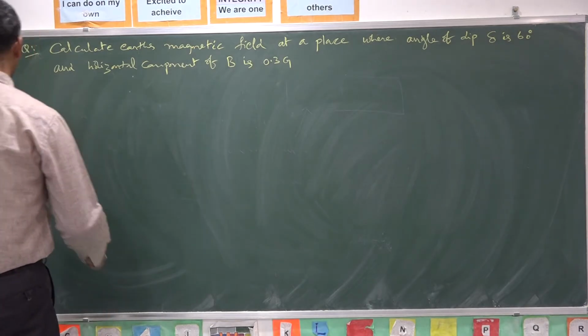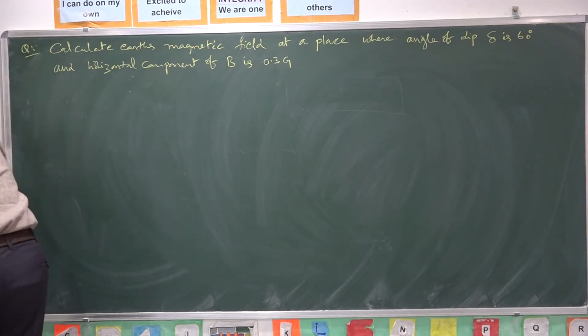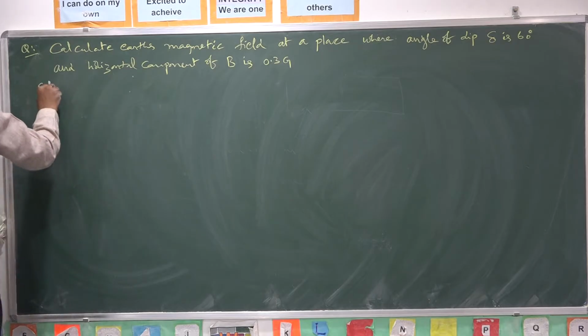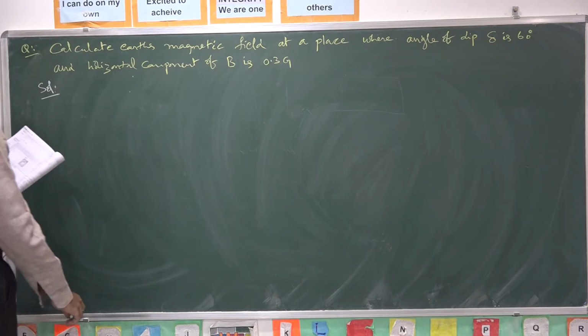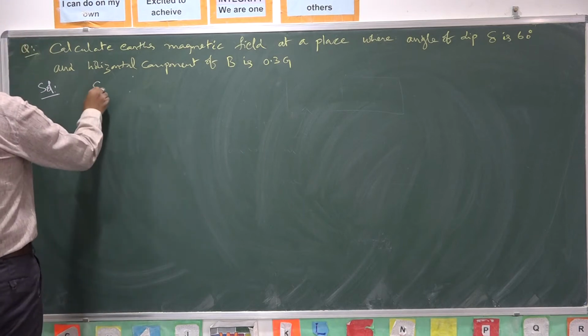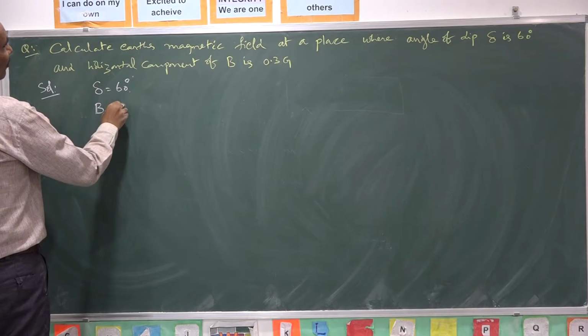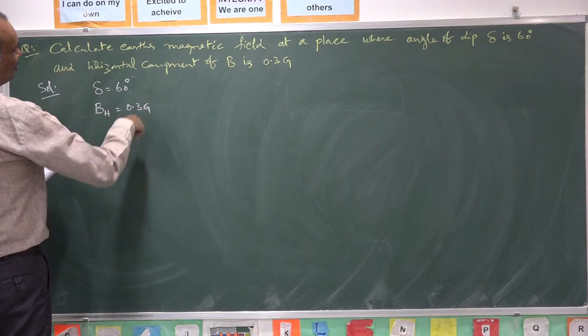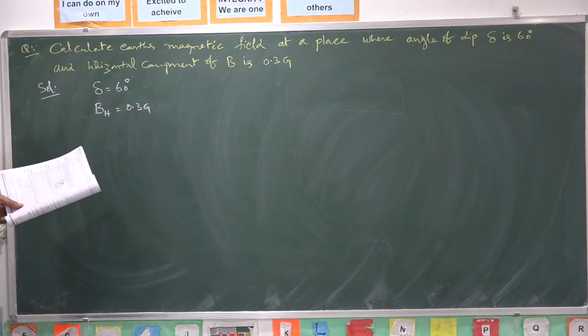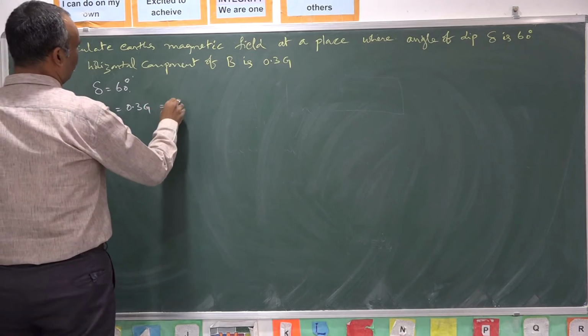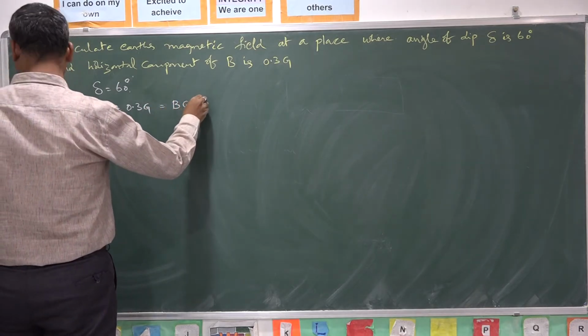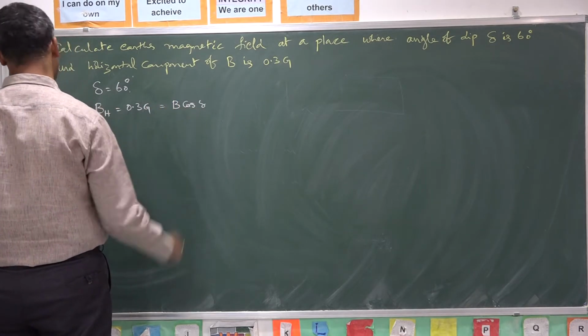Solution is very simple. We are given angle of dip 60 degrees, horizontal component of Earth's magnetic field 0.3 Gauss. Horizontal component means B cos delta.